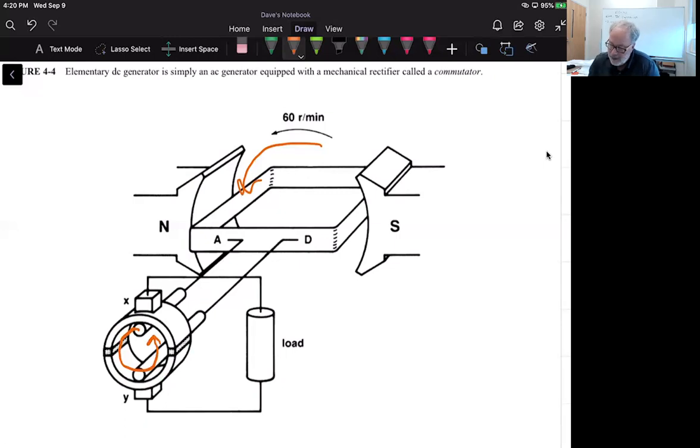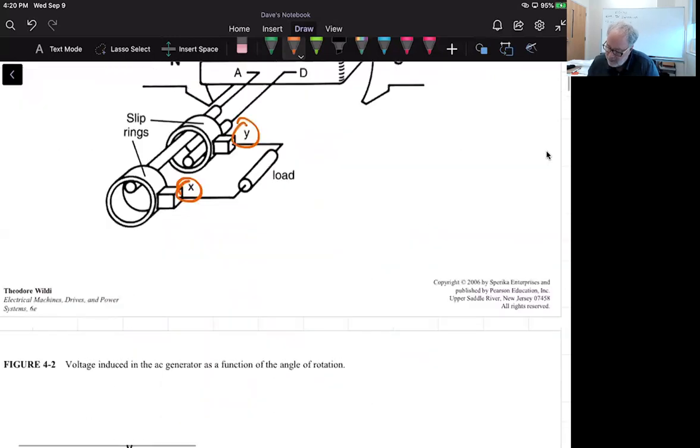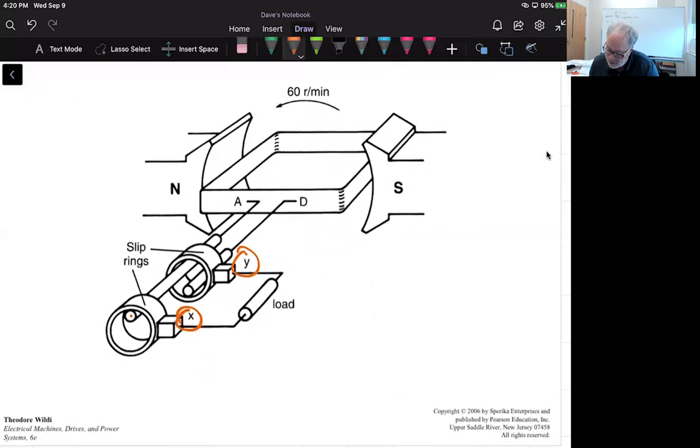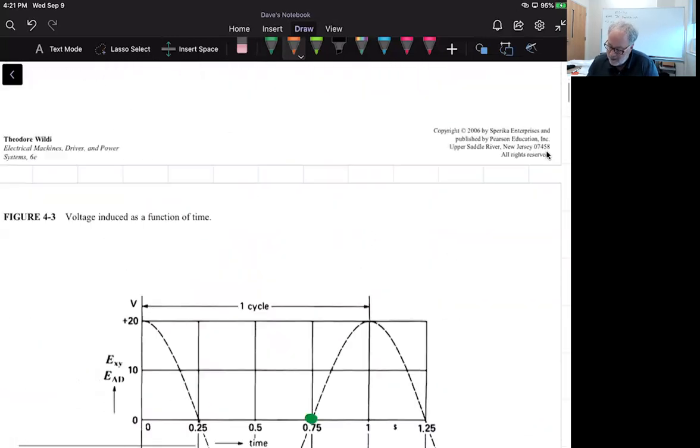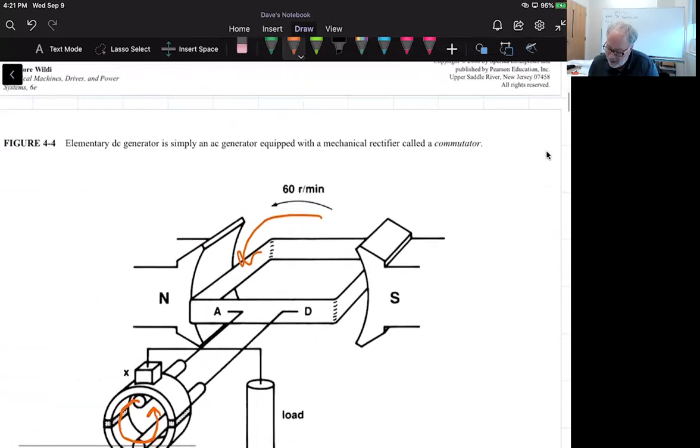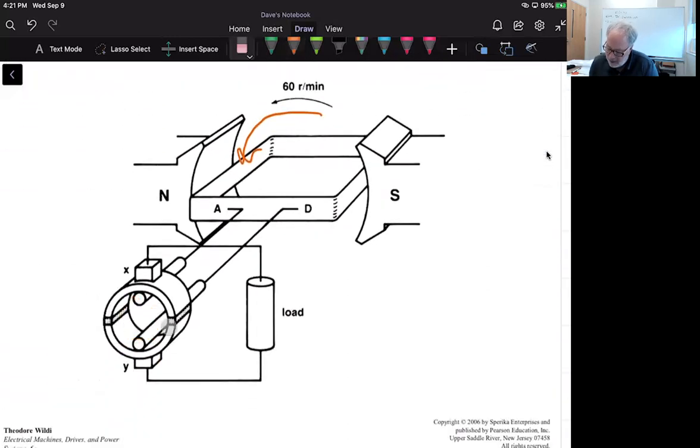Let's zip back to this. This was turning inside of the slip ring as the coil rotated. Well, now what we have is a different thing altogether, in the sense that this whole commutator is rotating.